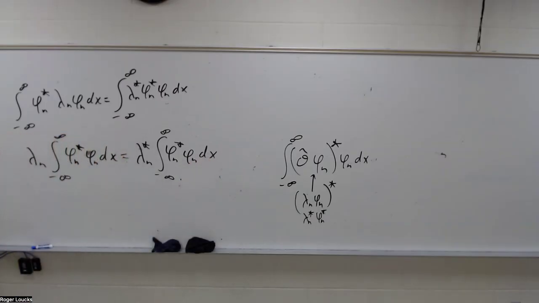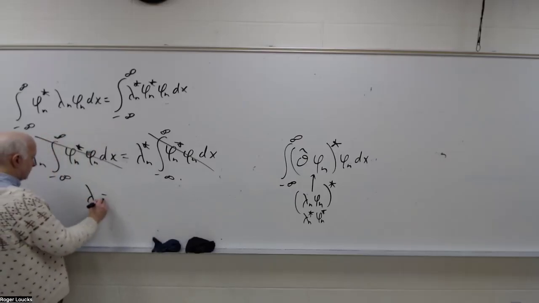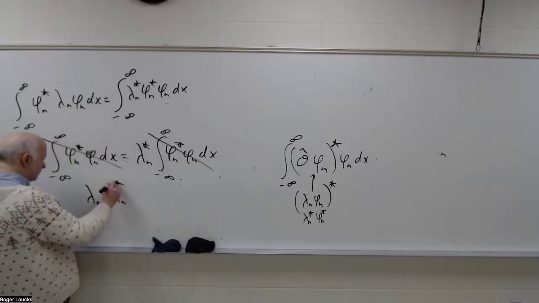What happens to those integrals? They're going to be the same, and they're not zero, so they cancel. This is lambda n equals lambda n star.